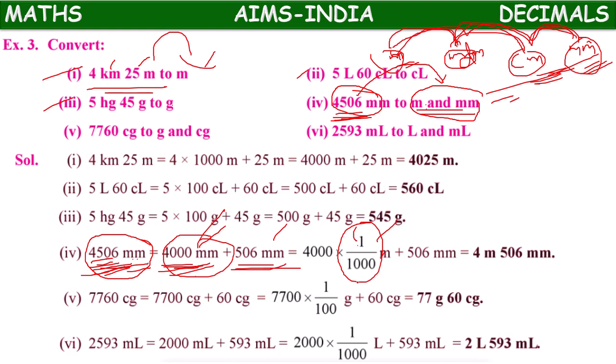So we have replaced it with 1 by 1000 meters. 3 zeros cancel, so it can be written as 4 meter and the remaining 506 millimeter. That is why we are separating 1000 from this number and writing it as 4000 plus 506.